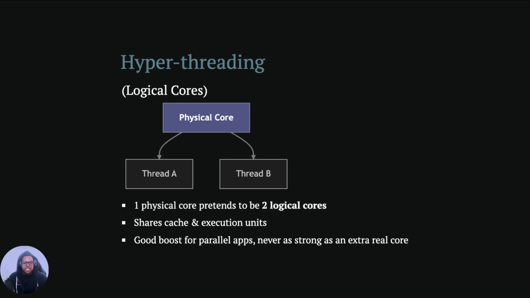Hyperthreading. Hyperthreading is a technology that's supported by some CPUs, like Intel's, and AMD's SMT. It allows a single core in a CPU to work on multiple tasks at the same time. This is achieved by simulating virtual cores, so it makes a single CPU work like multiple cores. By juggling 2 instruction streams, it's keeping its functional units busy, which is great for throughput workloads and applications that support parallel processing.